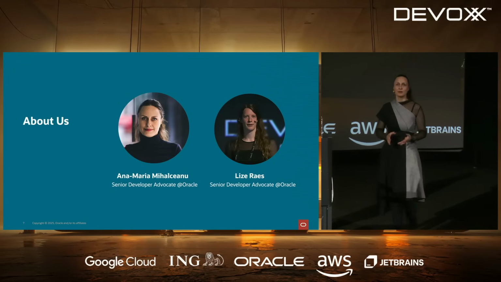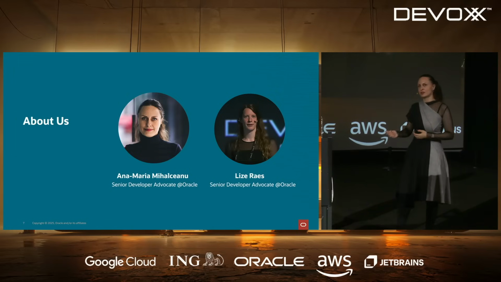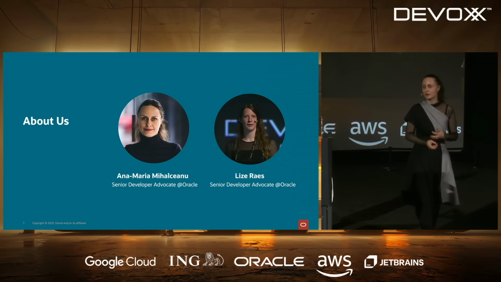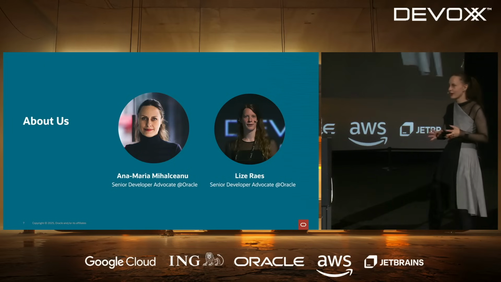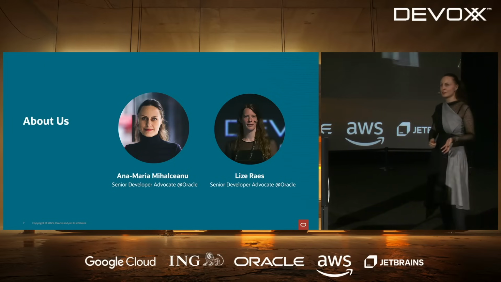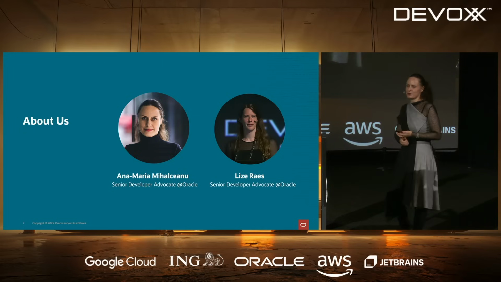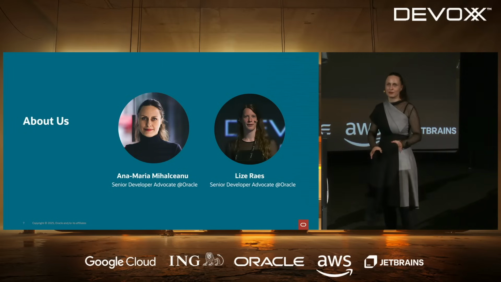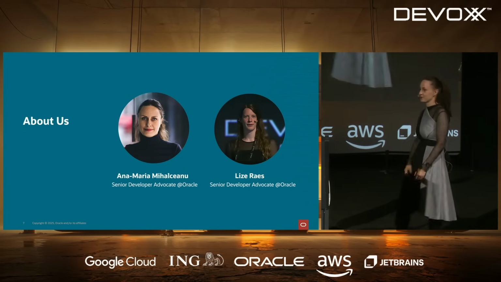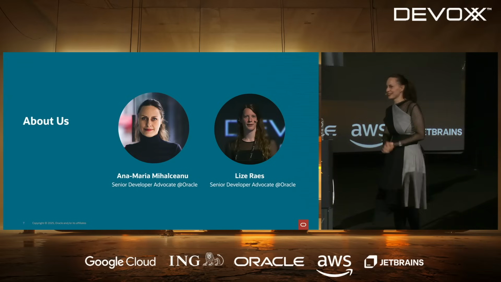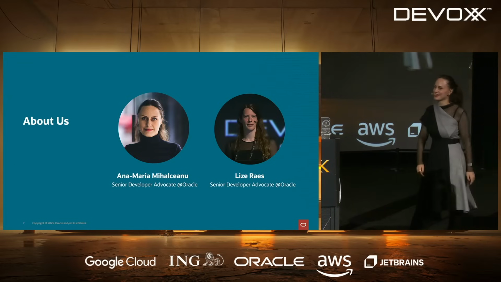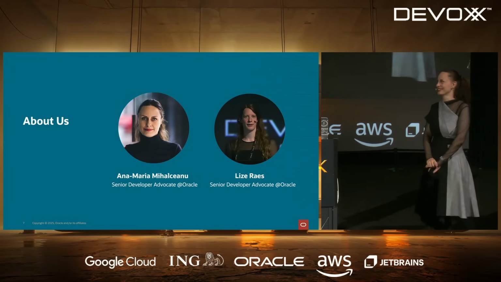So I am Anna. I'm currently working as a developer advocate in the Java team at Oracle. I'm passionate about performance, about JDK tools, and Java in general. And today we're going to run things on the GPU, definitely. And together with me is Lise, my new colleague, which I'm excited to have as a colleague, all about AI. Yes, exactly.